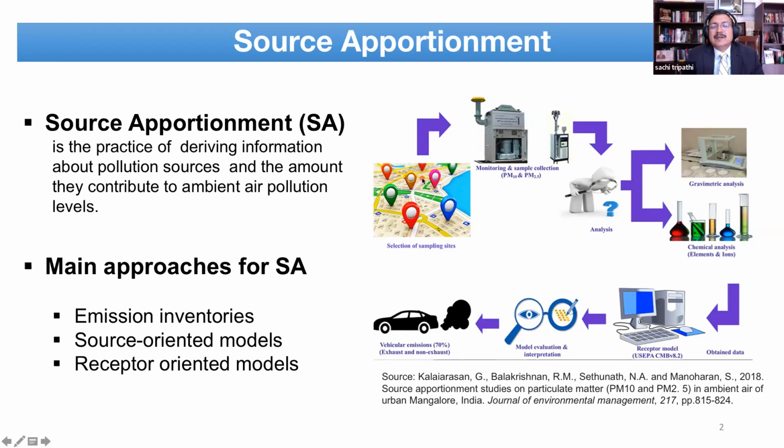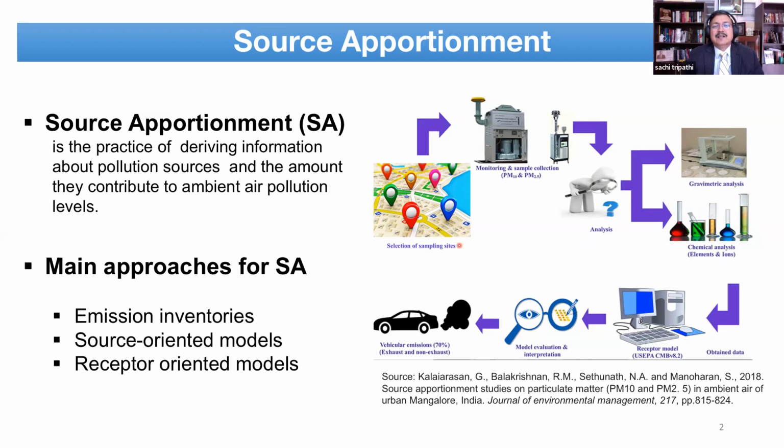So in a nutshell, this cartoon on the right shows this entire set of procedures that is required to complete the source apportionment practice, that is the source information for particulate matter or gases.